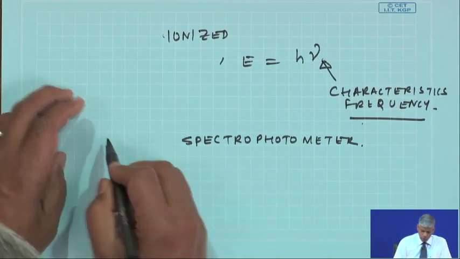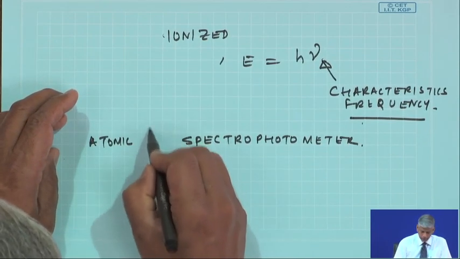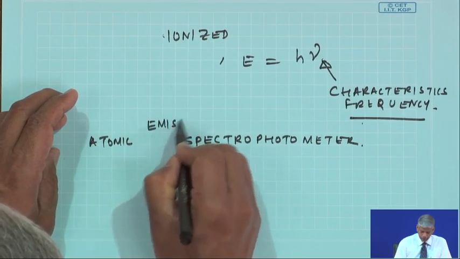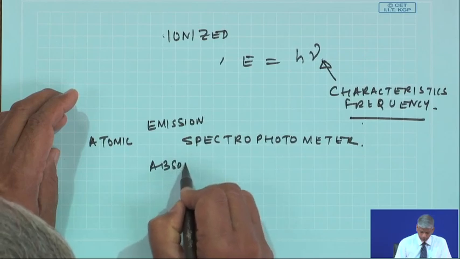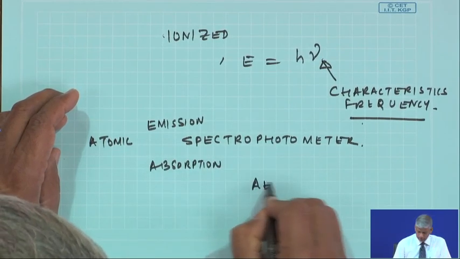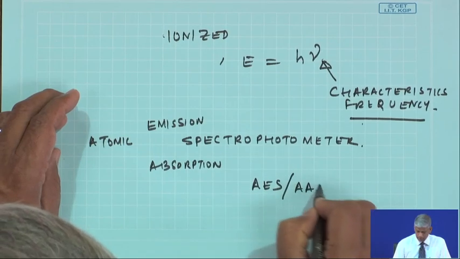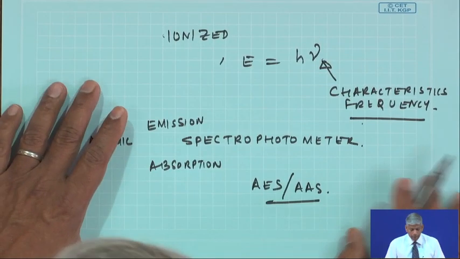So, one is atomic emission, another is atomic absorption. So, AES and AAS. These are very costly lab type of equipment.